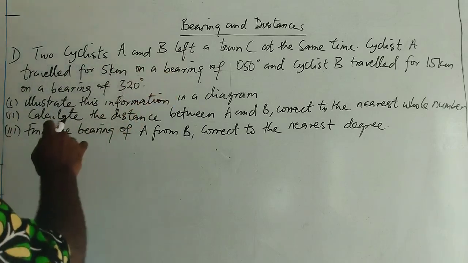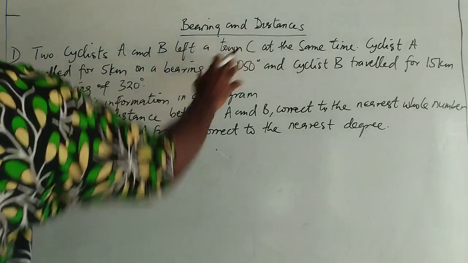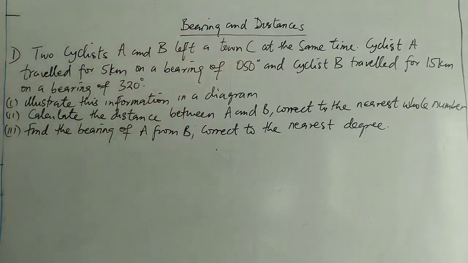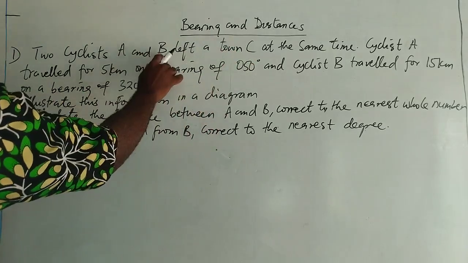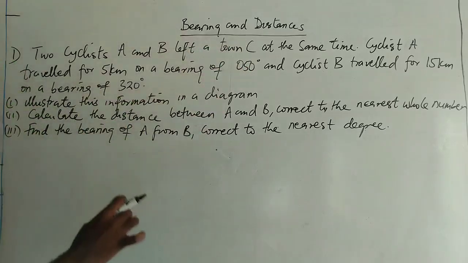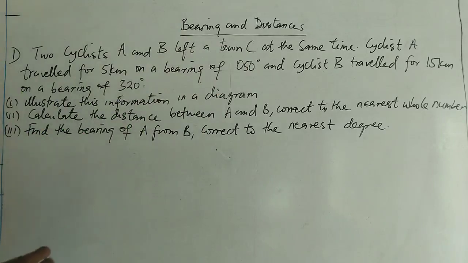There are 3 points mentioned, A, B, and C. And they said both cyclists A and B left a town C at the same time. So the first point we are going to represent is town C. We represent it using the 4 cardinal points, which is north, south, east, and west.